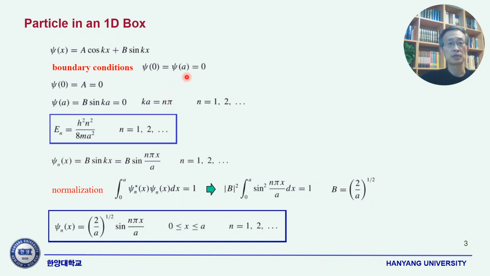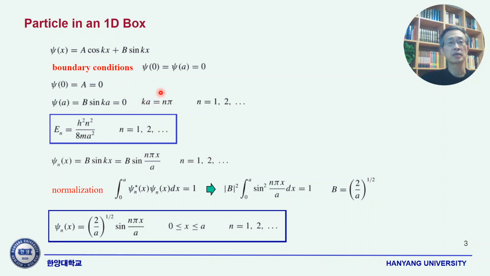Energy equals k square h bar square over 2m. Okay, k square h bar square over 2m, that is the energy. So energy now is indexed by this number n equal 1, 2, like that.